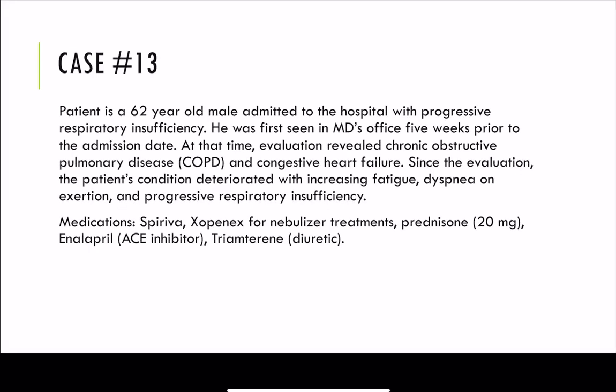All right, are you ready for the big reveal? Bronchodilators, ACE inhibitors, steroids, diuretics. This is our patient. A 62-year-old male admitted to the hospital with progressive respiratory insufficiency. He was first seen 5 weeks ago, and at that time, they discovered that he had chronic obstructive pulmonary disease and congestive heart failure.